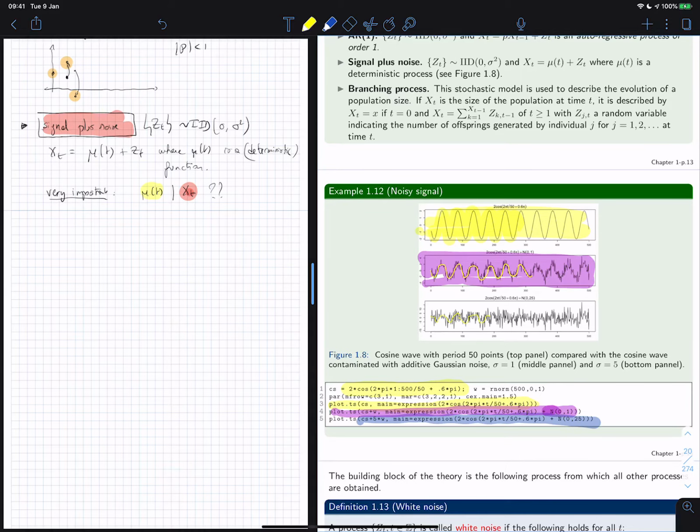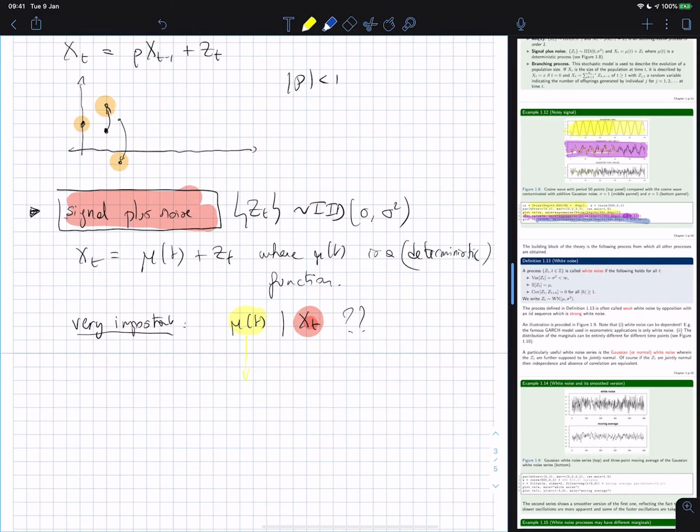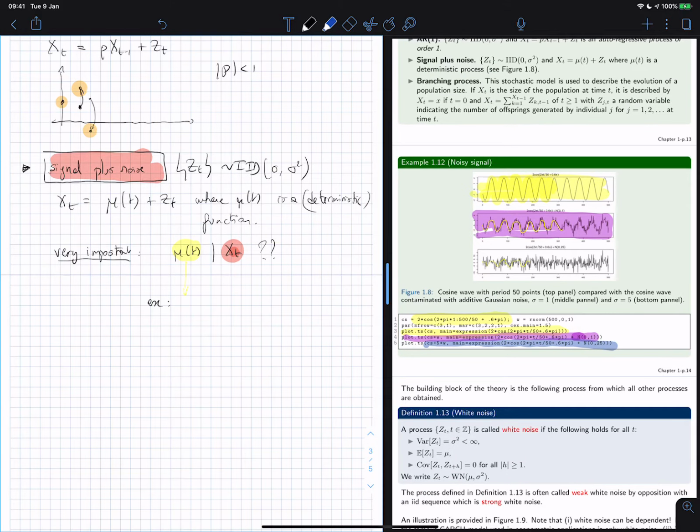Okay. Well, that's just signal plus noise. So in my example, mu of t is cosine of 2 pi t divided by 50 plus 0.6 pi.